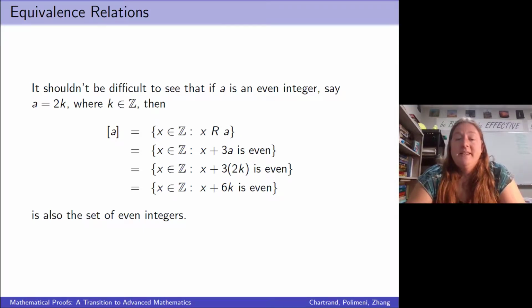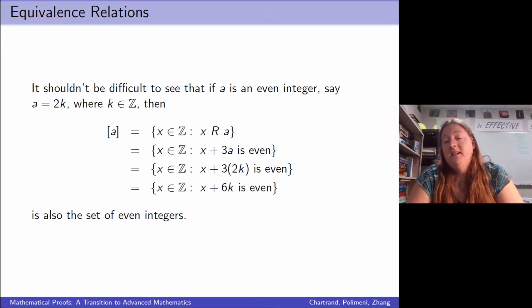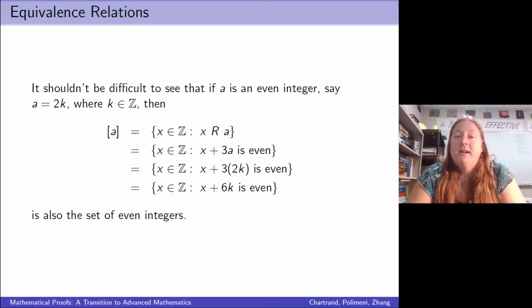So what I'm really looking for is x plus 3 times 2k is even, or x plus 6k is even. Well, it's pretty clear that 6k is doing its part to be even, and so what I'm really looking for is when x is even. So again, I have an equivalence class that is all the even integers. So all the even integers have the same equivalence class.